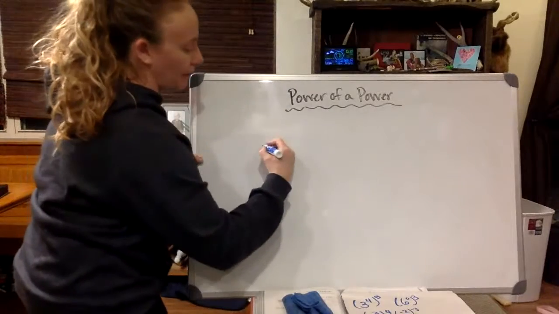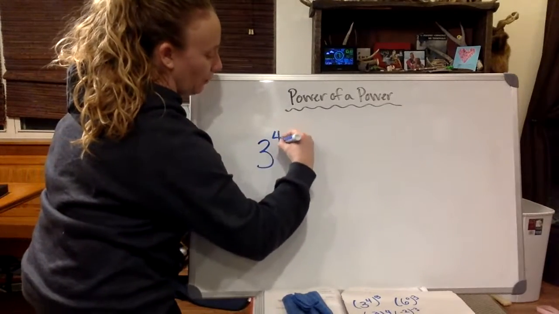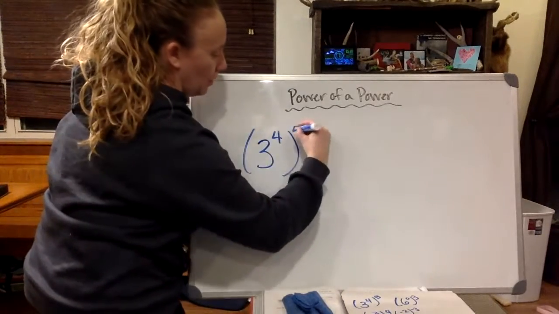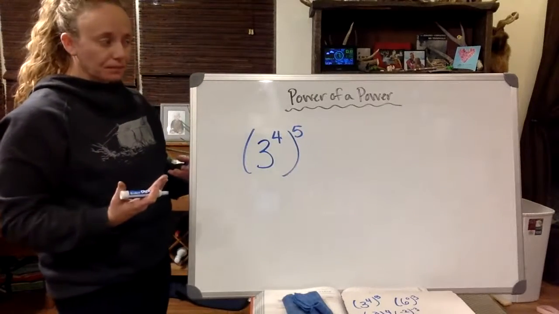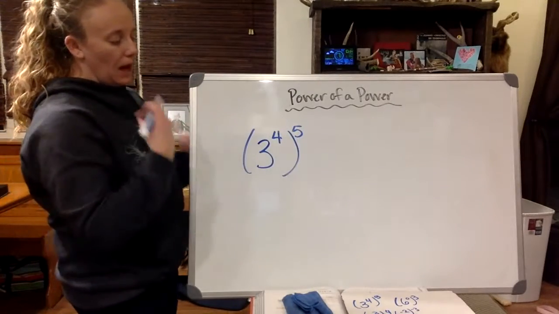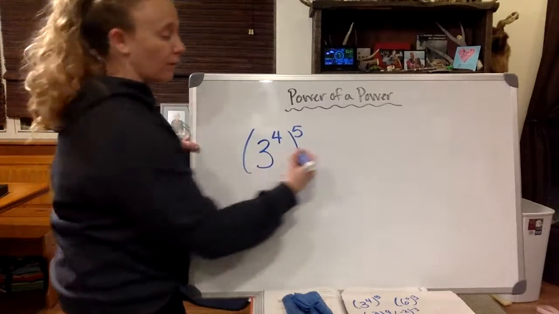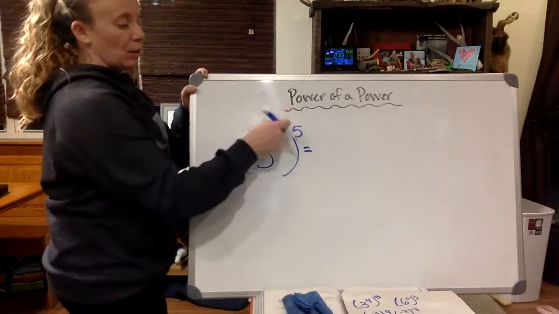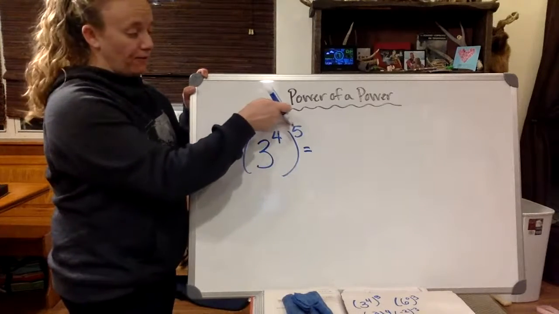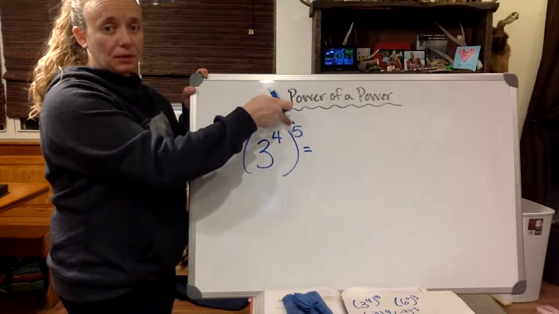Here we go. So we have 3 to the fourth power raised to the fifth. Just like in the last problem, I highly, highly, highly encourage you to rewrite this in expanded form. So that means that I'm going to expand out the outermost exponent.